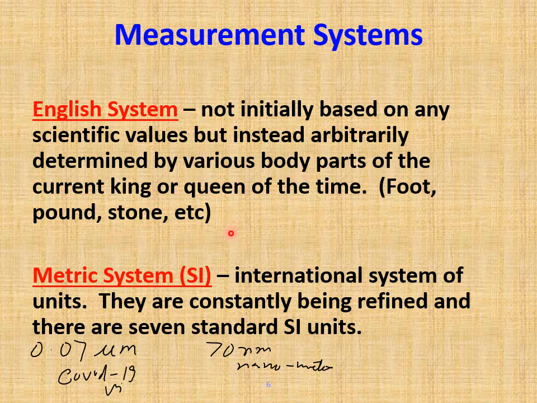But now internationally we have the more official metric system, the International System of Units. They are constantly being refined, and there are 7 standard units. For example, kilogram is the mass unit, meter is the length unit, second is the time unit, and ampere is the electric current unit, and so on.